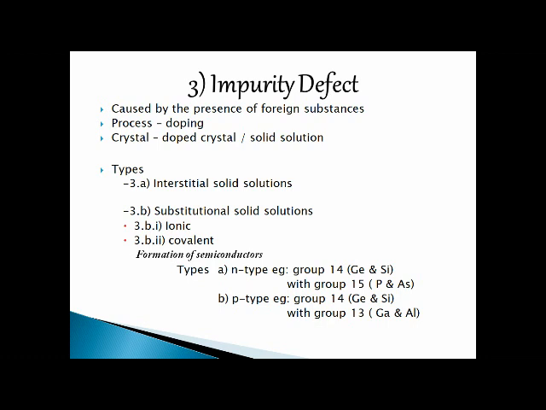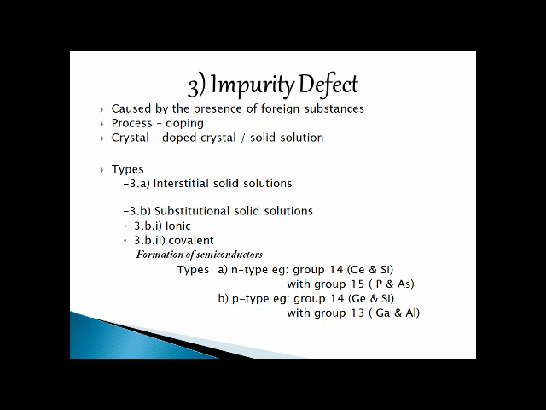Semiconductors are formed by the use of these covalent substitutional solid solutions. Under covalent substitutional solid solutions, semiconductors, we have two types. One is N-type semiconductor and the next one is P-type semiconductor.